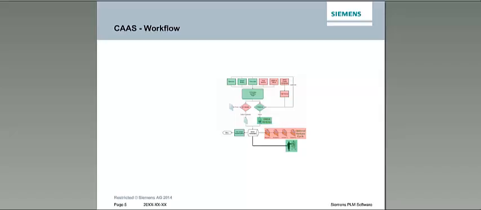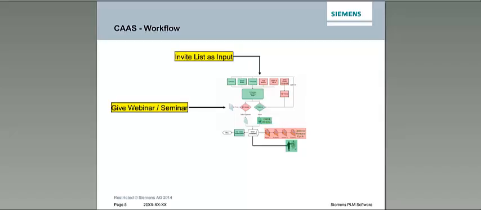What we do in that campaign as a service pilot is basically that we have a box around it, and there are two things you have to do. You have to set up the invite list as an input, and obviously you are giving the webinar slash seminar. Everything else is done by that service.